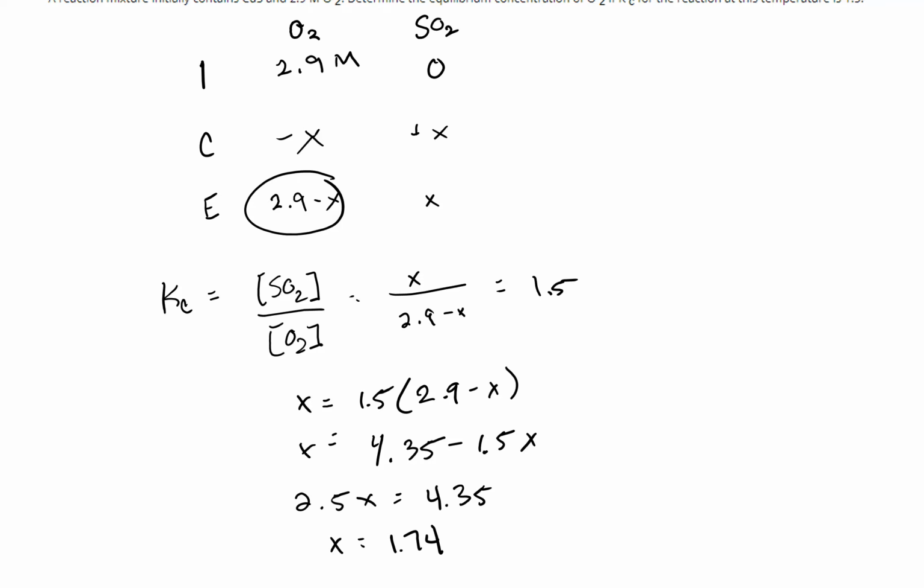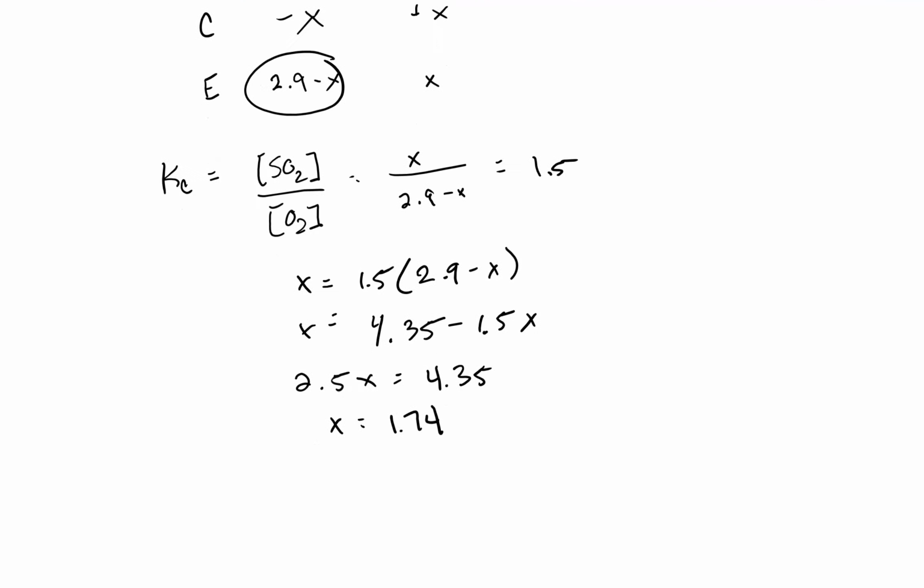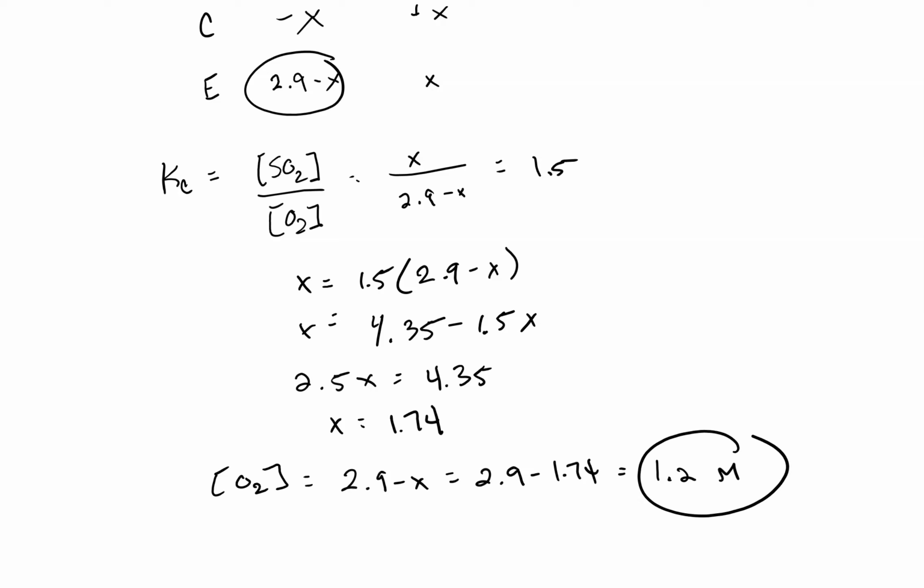If you were to report the answer as 1.74 moles per liter, you would be accidentally indicating the concentration of sulfur dioxide as your answer. So to get the concentration of oxygen, it is going to equal 2.9 minus x moles per liter, so this is going to be 2.9 minus 1.74, and just for ease of calculation, we'll say it's 2.9 minus 1.7, and this is going to give us 1.2 moles per liter. So that would be the correct answer for this particular problem.